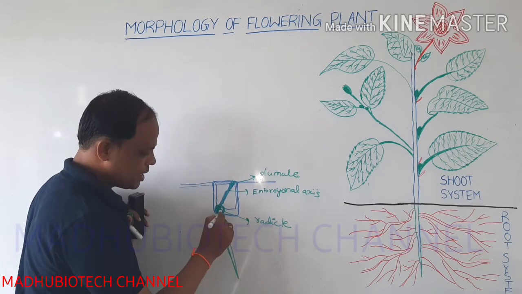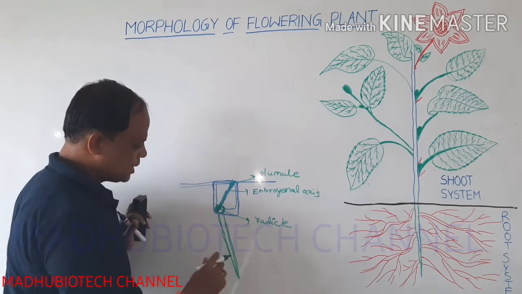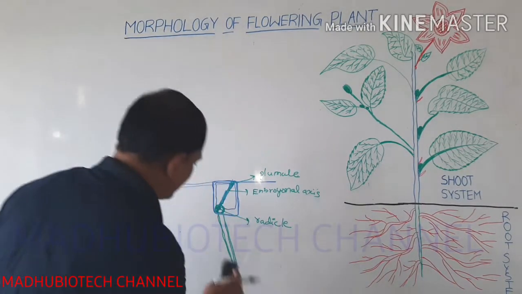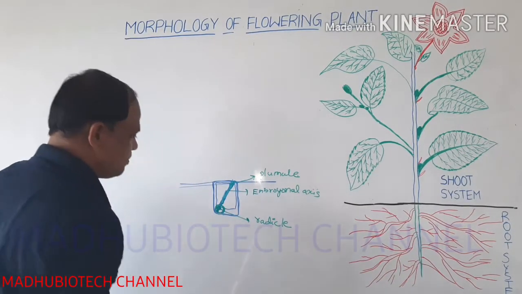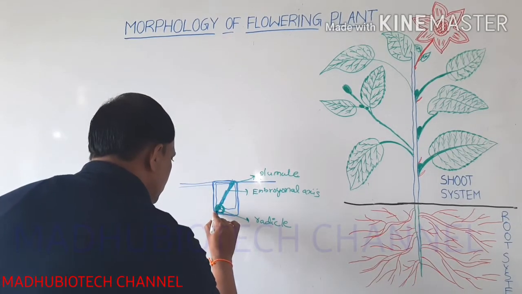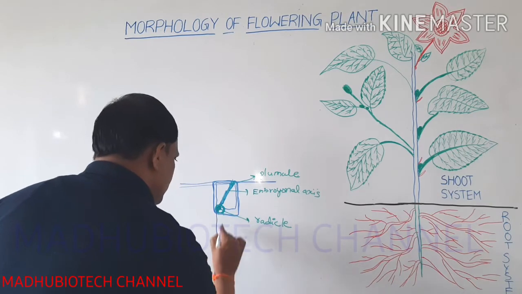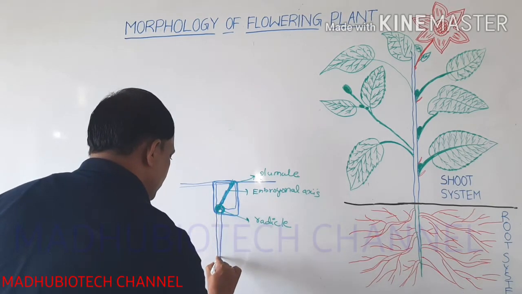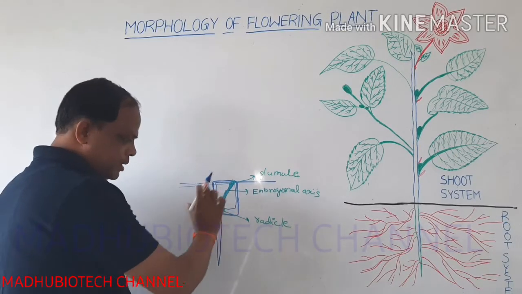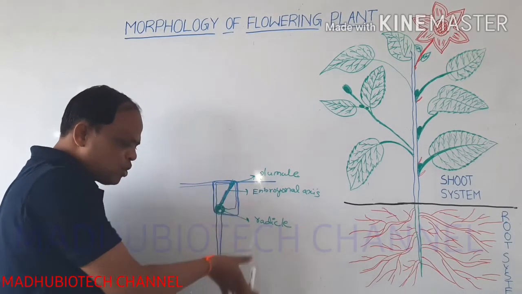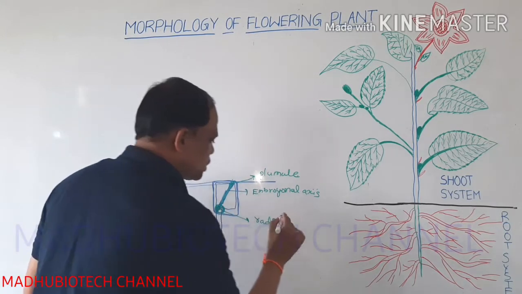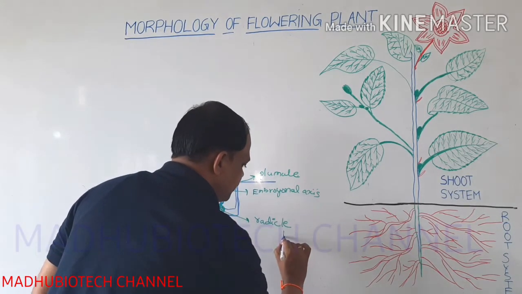This vertical axis grows inside the soil, and this system is called the root system.